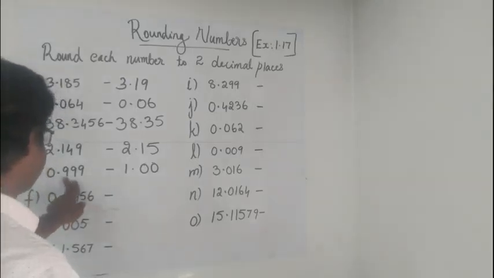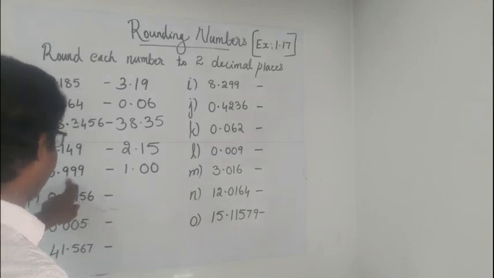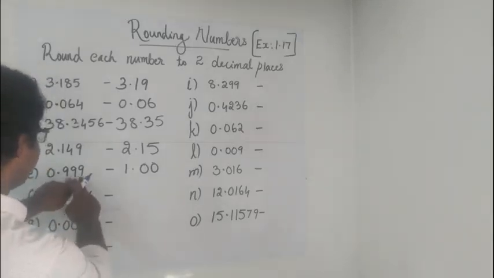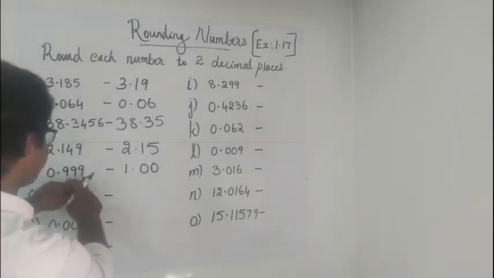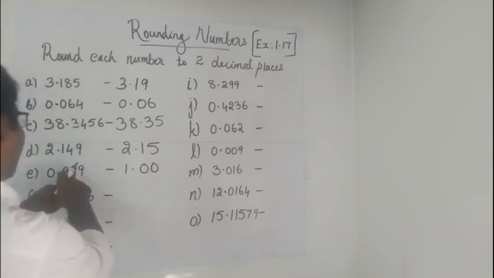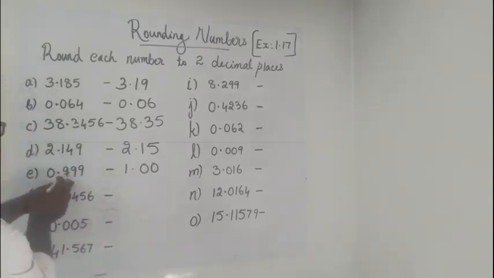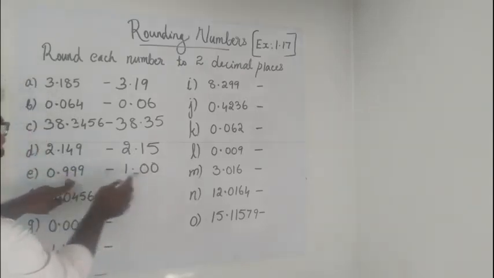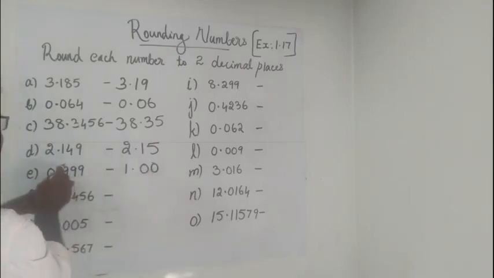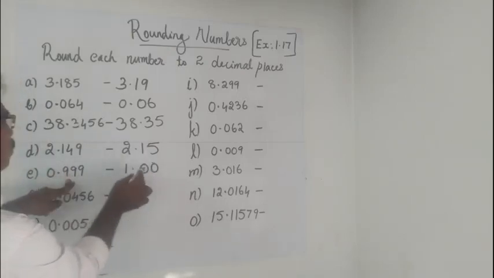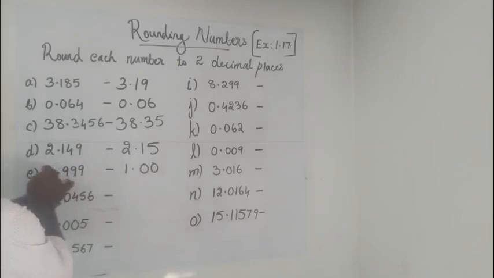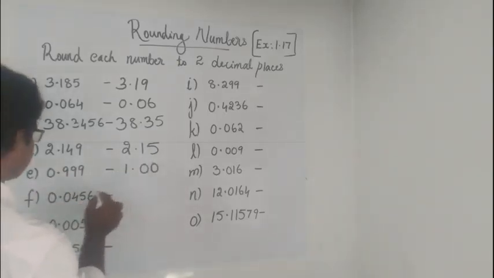We focus on the 2 digits, that is 0.99. After that, here is 9, isn't it? Greater than 5, so we add 1 to this 9. So 9 becomes 10, so we put 0 and 1 carries over to this number. So it also becomes 10, so 0, 1 carries to this number. So 1.00. Okay, next one.